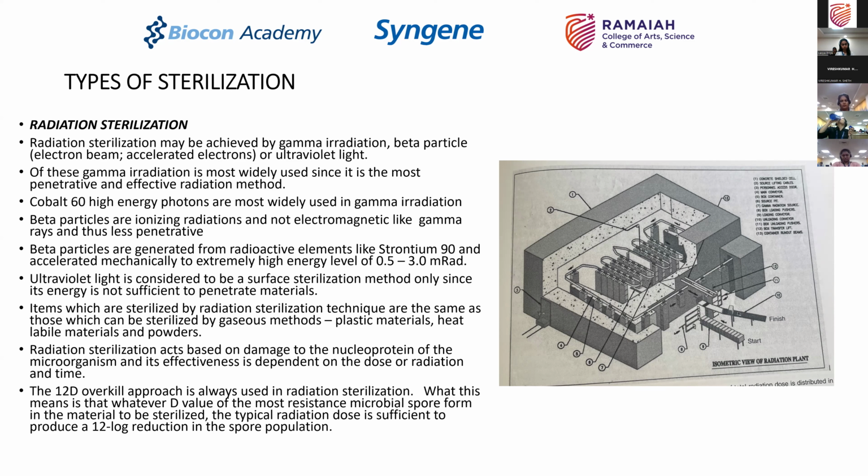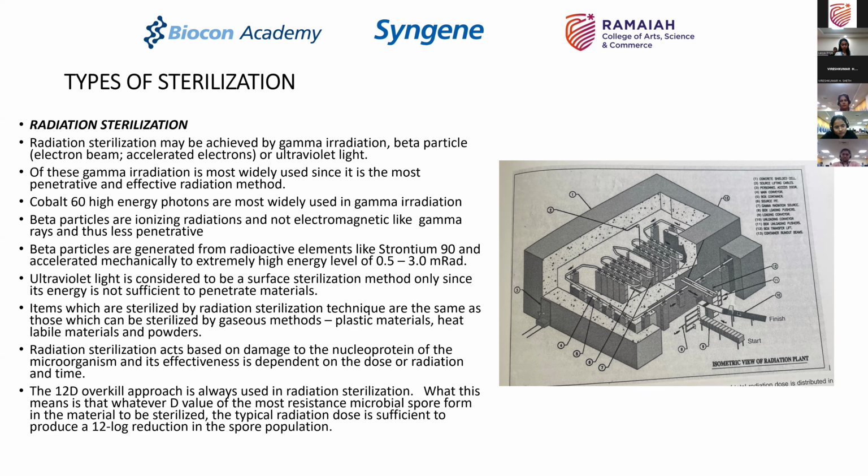Why? Because it is highly penetrative and an effective radiation method. How is gamma irradiation done? You have cobalt 60 high energy photons, which are used in gamma irradiation. You energize the cobalt 60 particles, which generates photons and, as a result, radiation, which is used for killing the microorganisms.